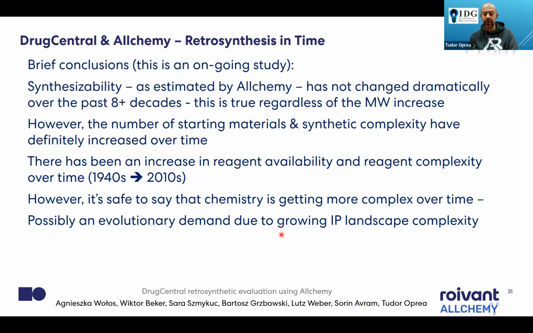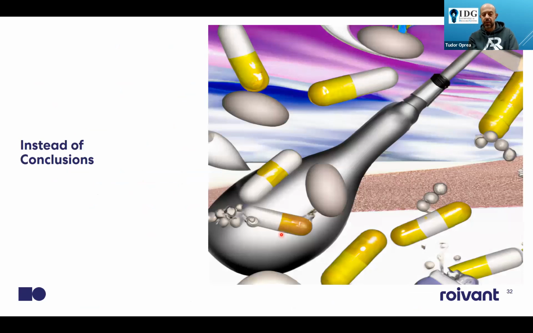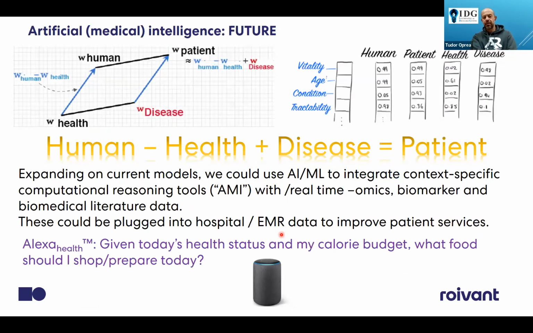So we're approaching the end of my talk. Instead of conclusions, I think the future of artificial medical intelligence is upon us. Hopefully, we will soon be able to solve the equation human minus health plus disease equals patient. And then, of course, to reverse that, so we would go back where we would do patient minus disease plus health.